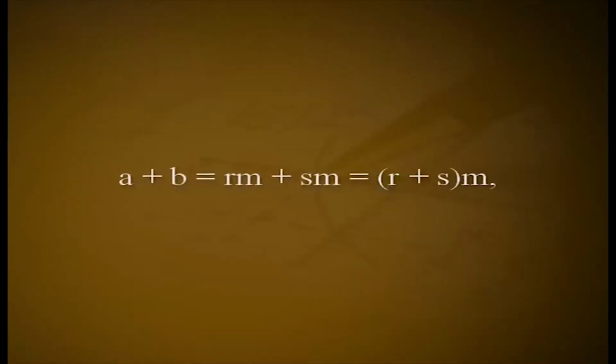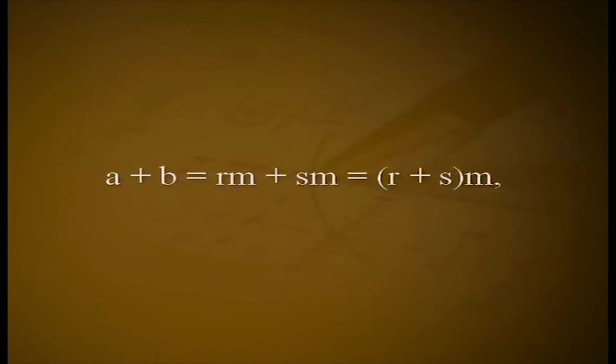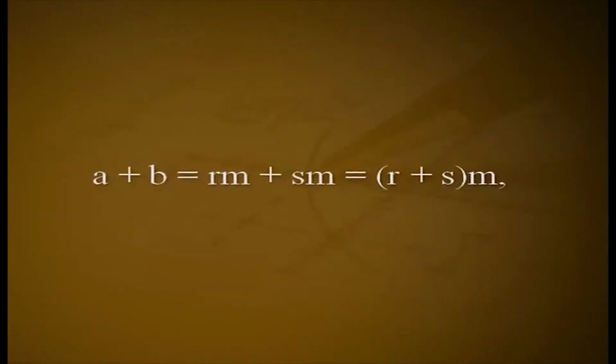Closure property. Let A, B belong to G, then there exist integers r and s such that A = rm and B = sm, so that A + B = rm + sm = (r + s)m, a multiple of m by an integer, and hence A + B belongs to G. G1.